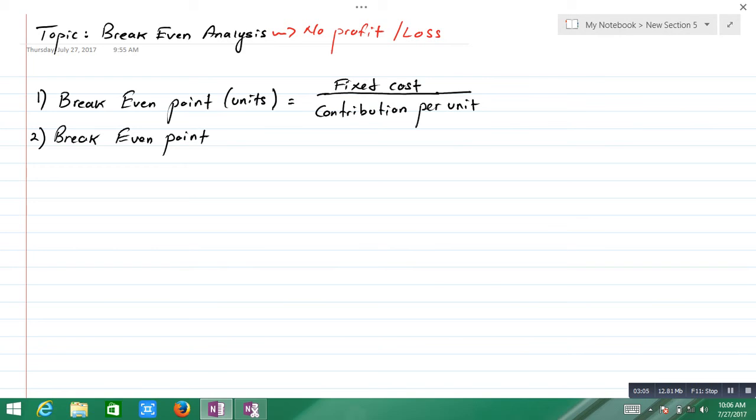Number two, break-even value: fixed cost over CS ratio, or you can take break-even point units times selling price.